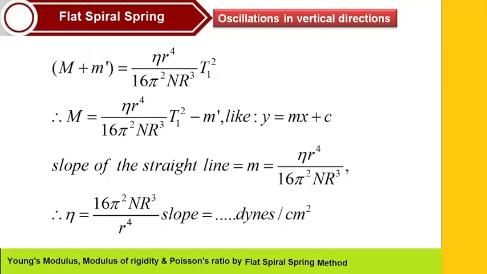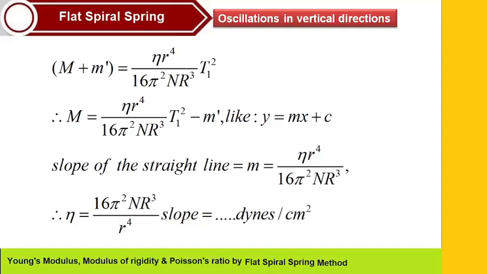Capital M plus m dash is equal to eta small r raised to 4 divided by 16 pi square capital N capital R cube into T1 square. So therefore, from above, capital M is equal to eta r raised to 4 divided by 16 pi square capital N R cube into T1 square minus m dash.